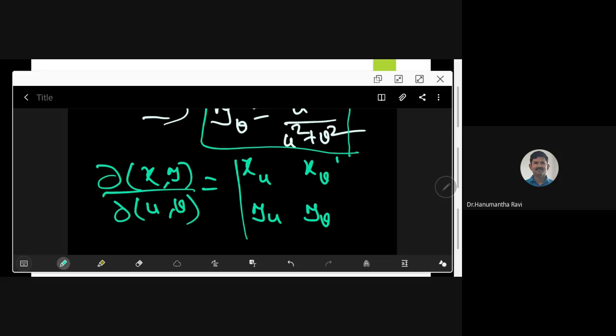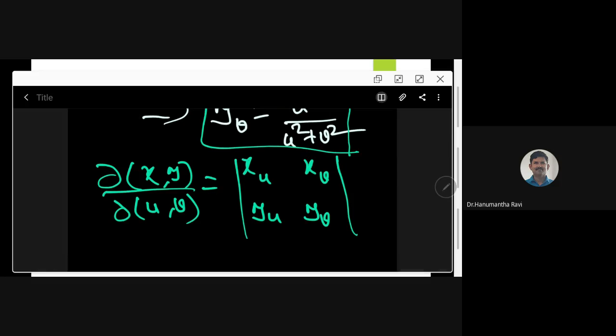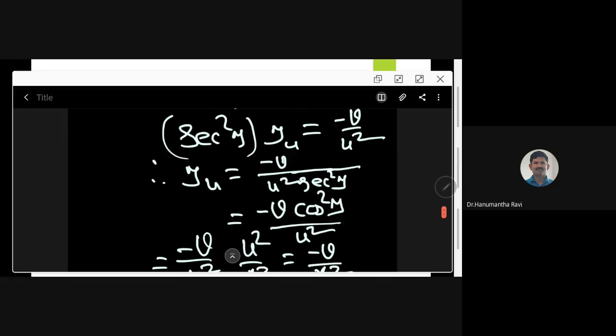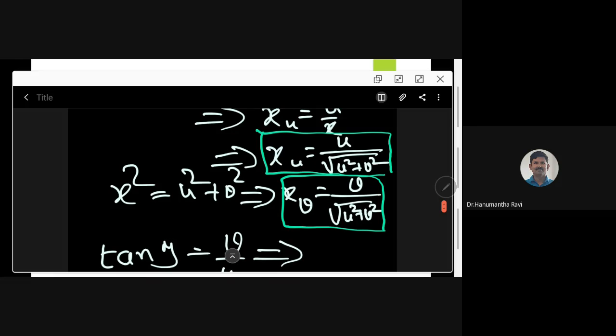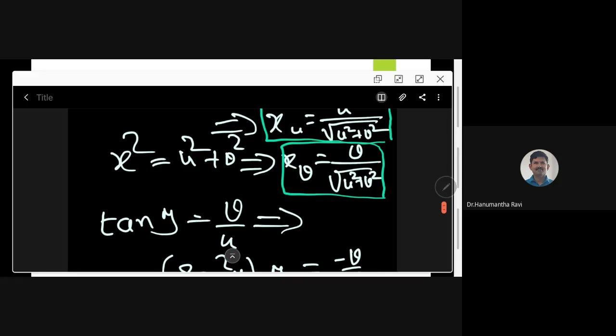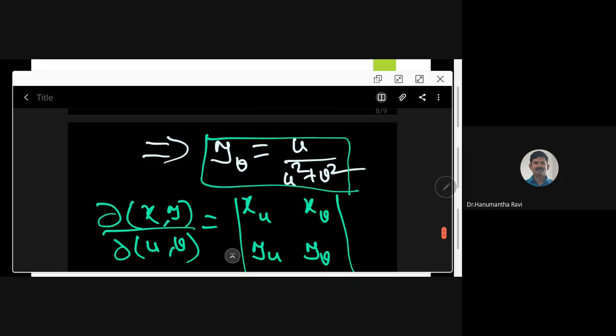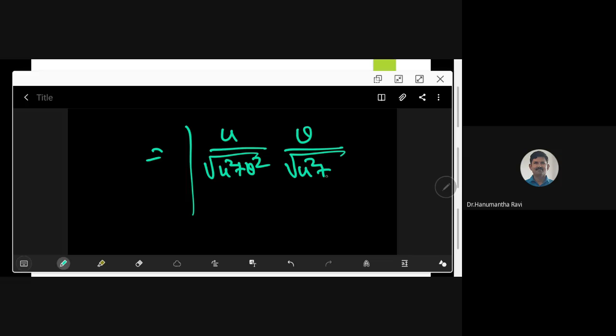This is the formula. Do we know xu? Yes, we have done xu here. It is u by square root of u square plus v square. Similarly, xv is v by square root of u square plus v square.